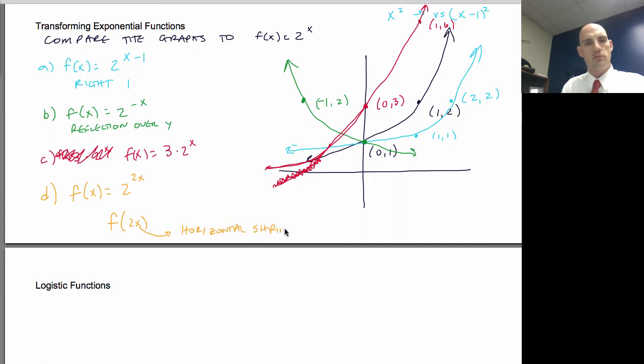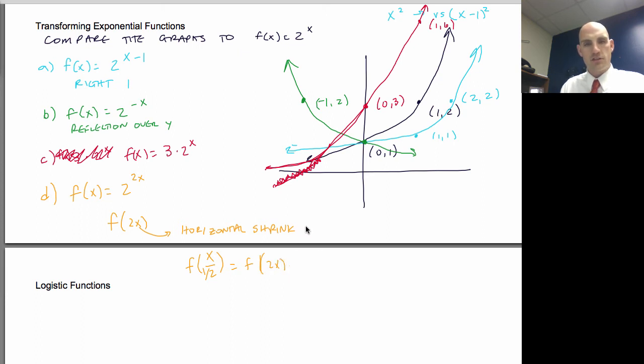shrink, right? And so what is it a horizontal shrink by? Well, I remember that f of x over 2 would be the same as f of x over 1/2, because that would make me have 2x. So f of x over 1/2 would be the same as f of 2x.